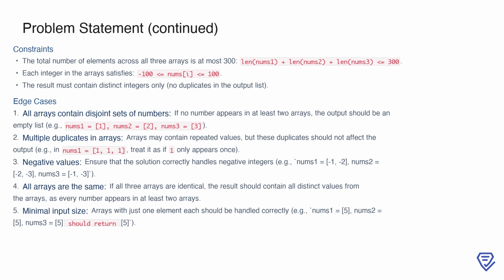Additionally, if all 3 arrays are identical, the result should include all distinct values from the arrays. Lastly, minimal input sizes, such as arrays with just 1 element each, should be handled properly. For instance, if nums1, nums2, and nums3 each contain the number 5, the output should simply be 5.